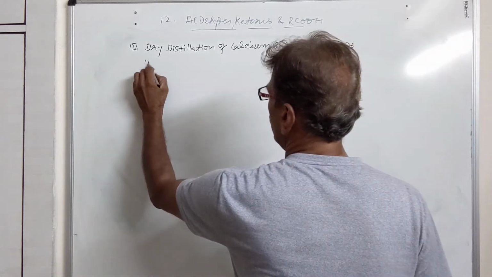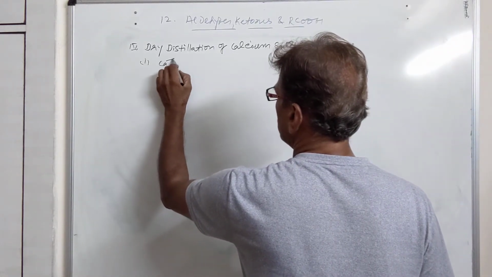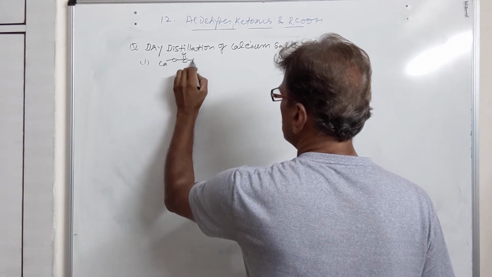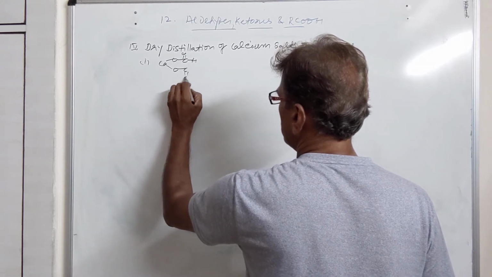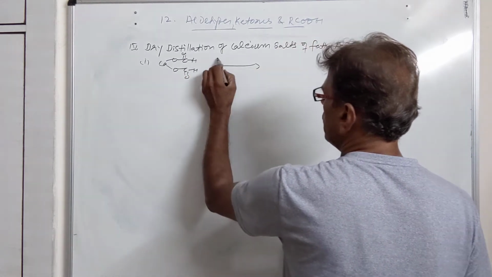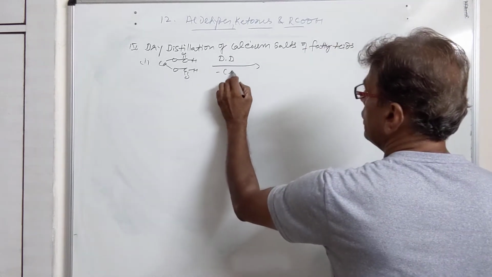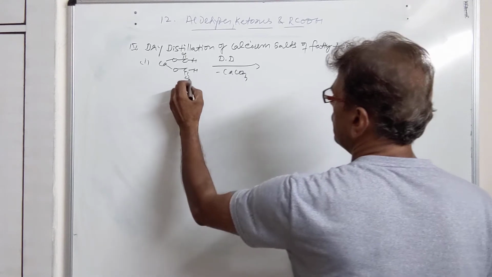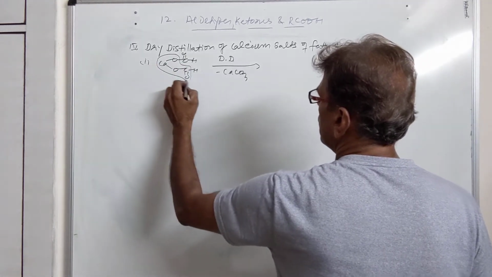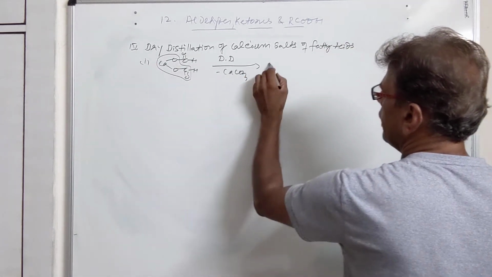We have first of all calcium formate. It is subjected to dry distillation. Then CaCO3 is eliminated. This goes out, and you will get HCHO.